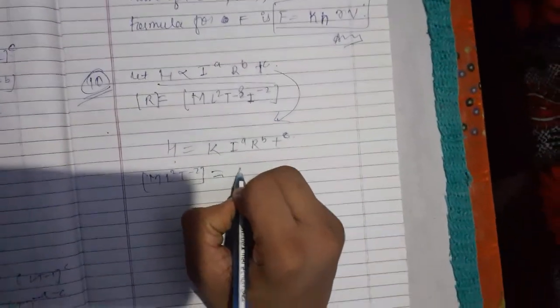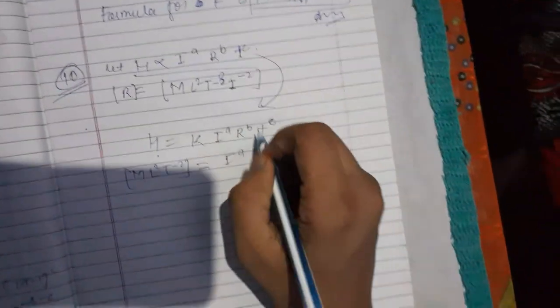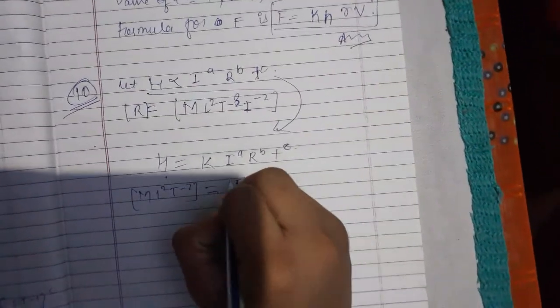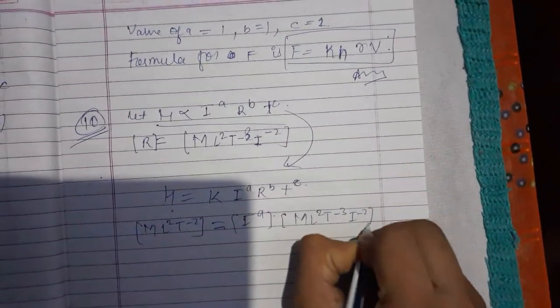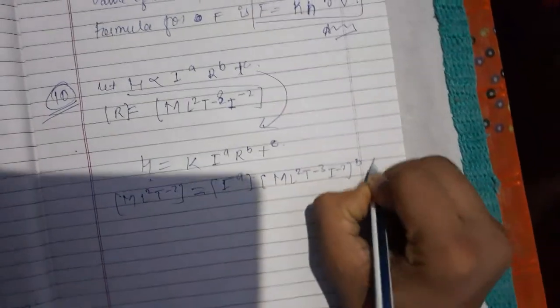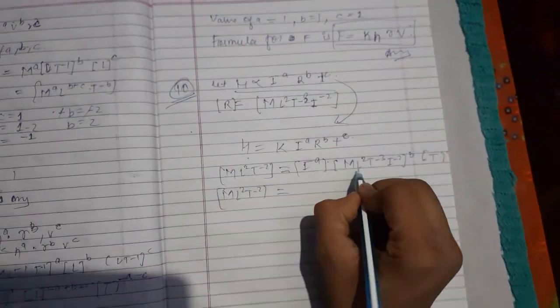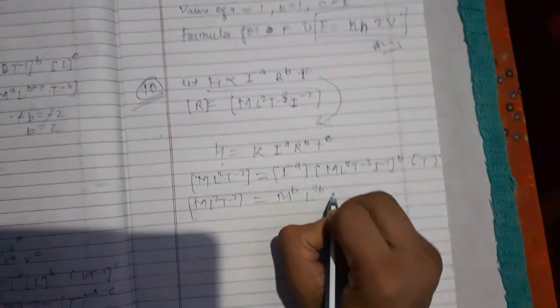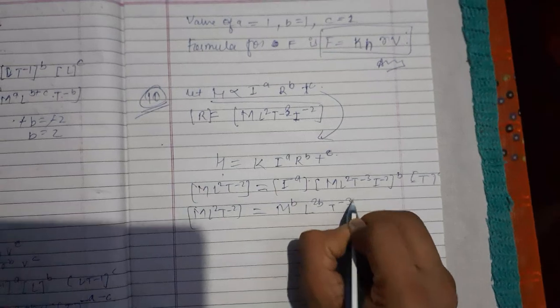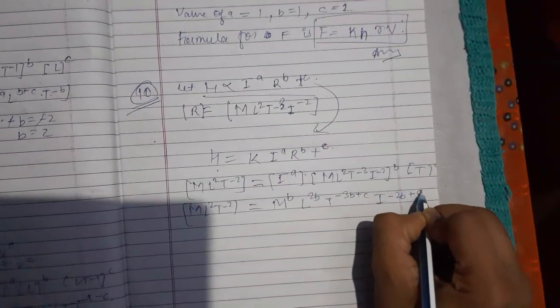The current dimension will be I to the power a, and this is the resistance, so ML^2 T^-3 I^-2 to the power b, and this time to the power c. So ML^2 T^-2 equals M^b L^2b T^(-3b+c) I^(-2b+a).